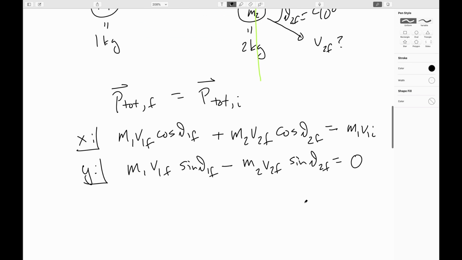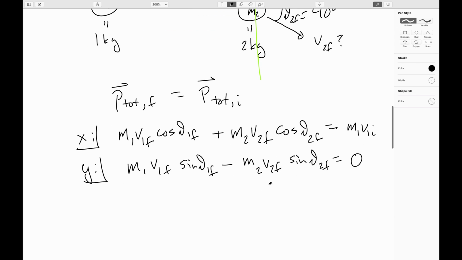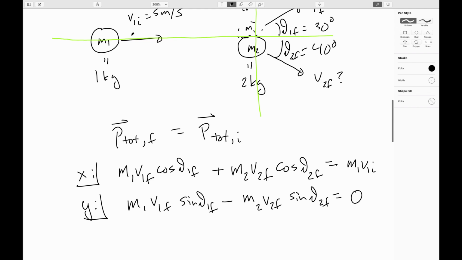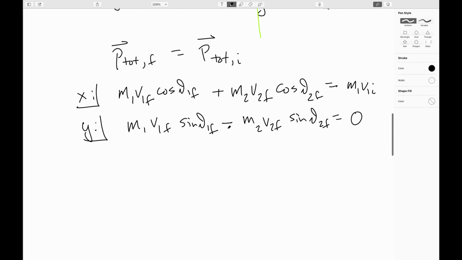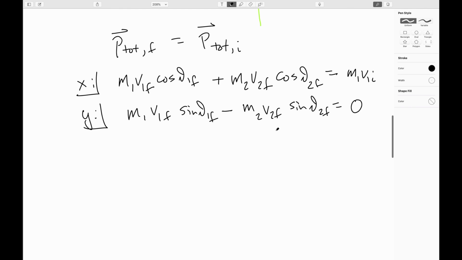Not too much you can do about it, but fortunately by having chosen the x-axis to line up with v1 initial, it'll make it a little less awful. So we will start with the y equation of motion. The strategy I'm going to have is to formally solve the y equation for v2 final, and I'm going to stick that solution into the x equation. So let's go to it.